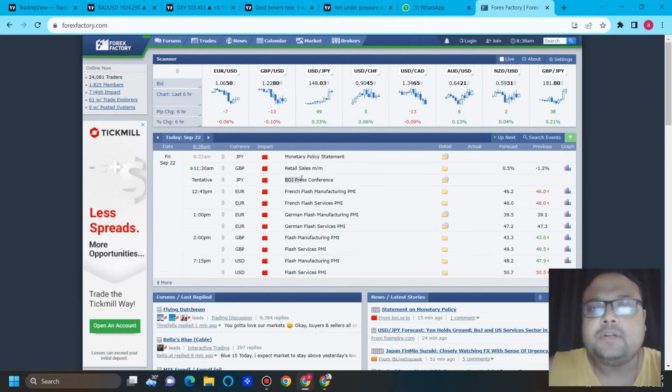Any major change in the statement of the Bank of Japan will bring some volatility to the chart of the US dollar index. So be careful because there may be some sudden moves in the market by the Asian and European session. So please be careful, keep your SLs on the position.